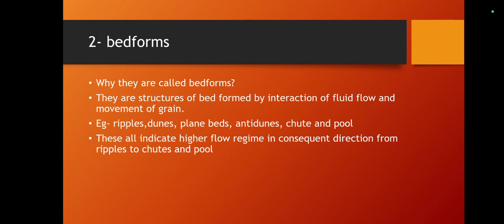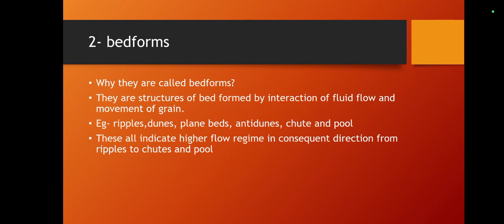Now coming to the next slide, which is bed forms. So what are bed forms? Bed forms are generally found on the surface of the beds, and they are named ripples, dunes, plane beds, antidunes, and chutes and pools. They are structures of the bed formed by the interaction of fluid flow and movement of grain, and these all indicate a higher flow regime in consecutive order from ripples to chutes and pools.